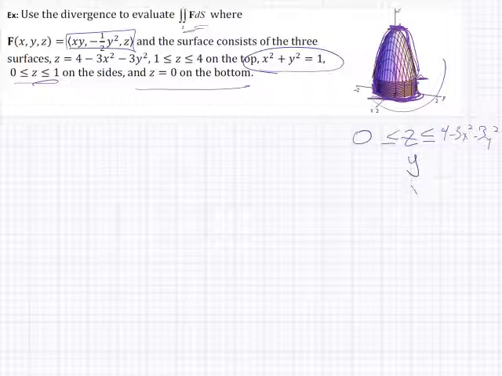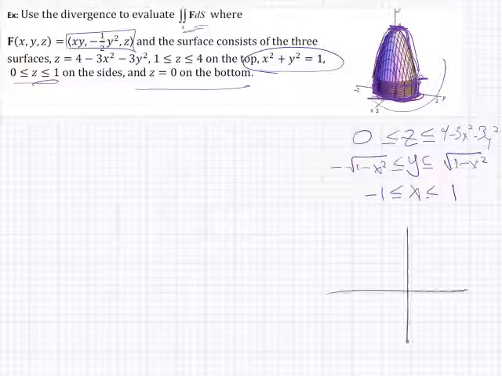X and y are bounded by that unit circle. That's this piece to keep us in this band here. So you could say negative square root of 1 minus x squared and positive square root of 1 minus x squared. That's the top and bottom half of the circle. And then we'd go -1 to 1.